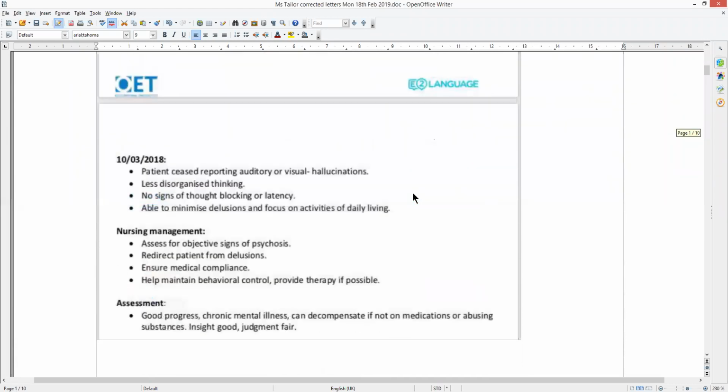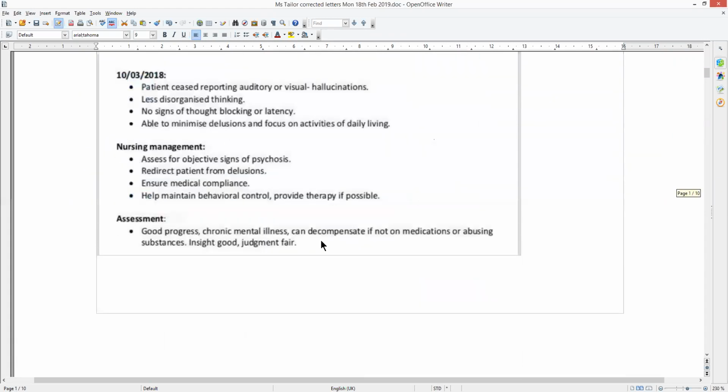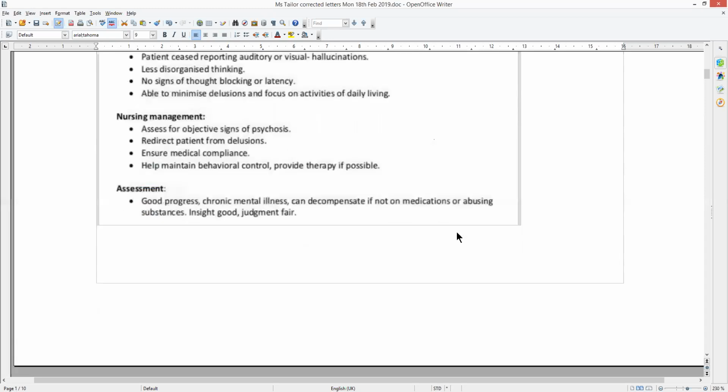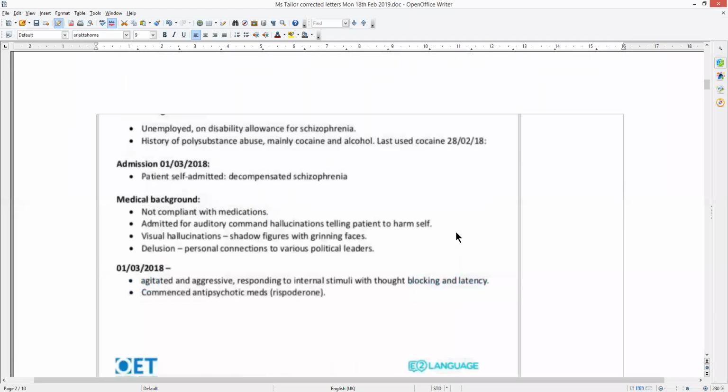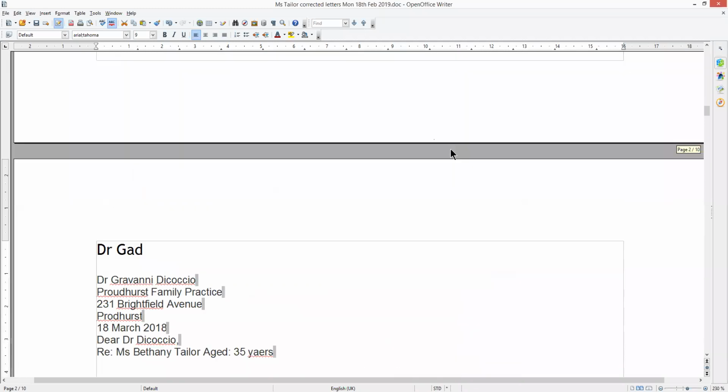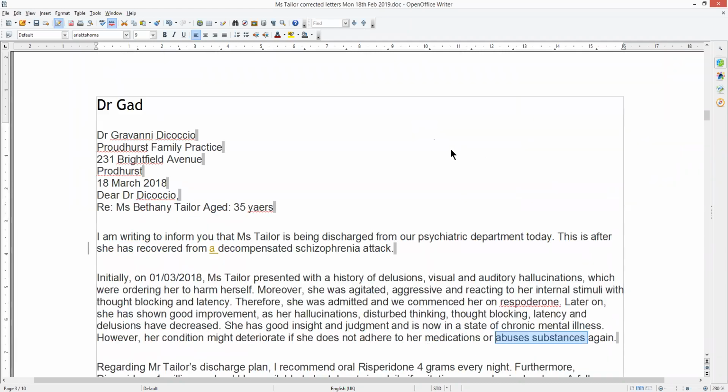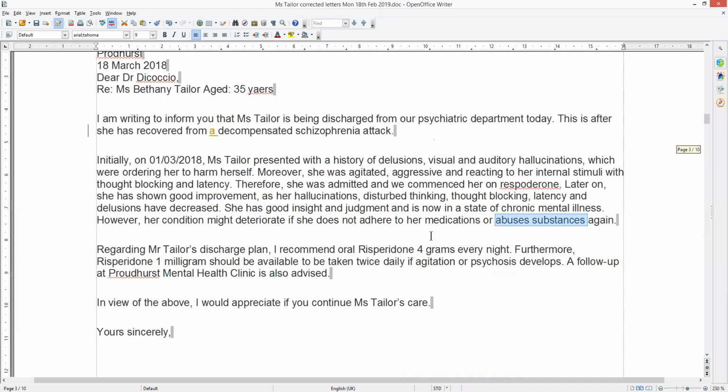Anything else about coke? Minimal focuses, progress, not on medication abusing substances. Last used coke. Yeah, well, here. Last used coke the day before. So I wouldn't put it, well, where? Well, I don't know. Somewhere, you could have put it here.